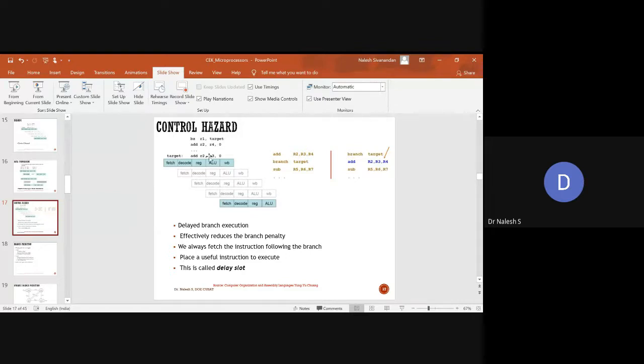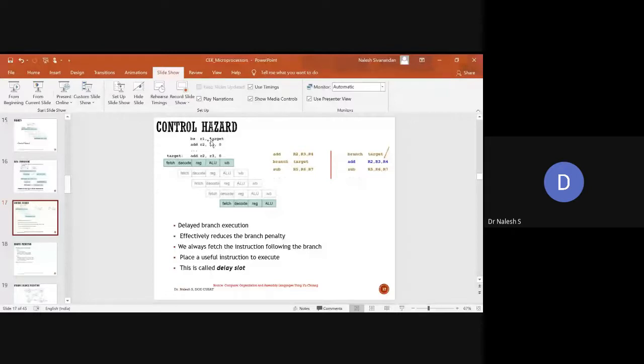When the branch instruction is completed, you will come to know whether the next instruction is add or not. If the next instruction is add, you have no problem. But if the next instruction is the target, then whatever you have started with the add is wrong. So you do what is known as flush.